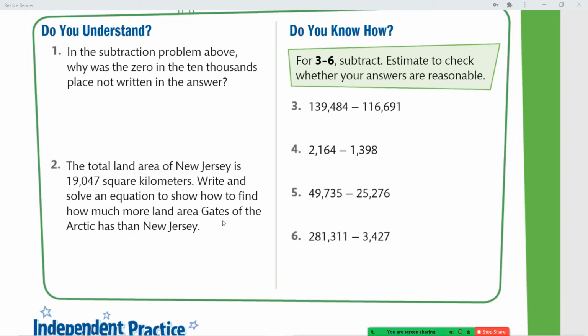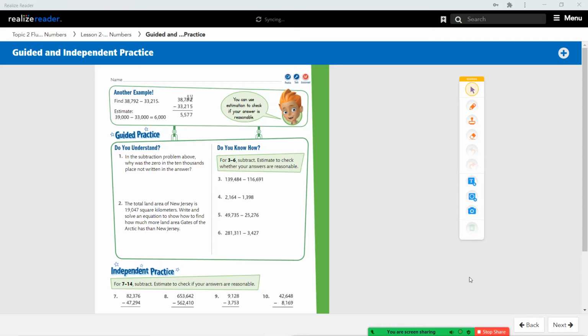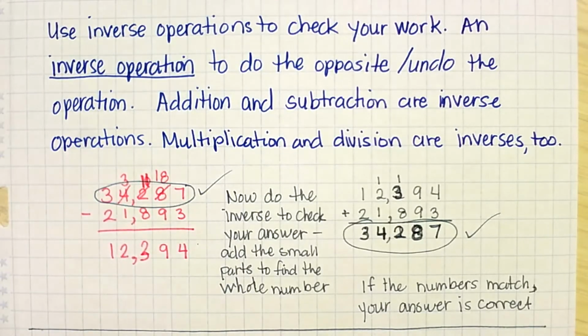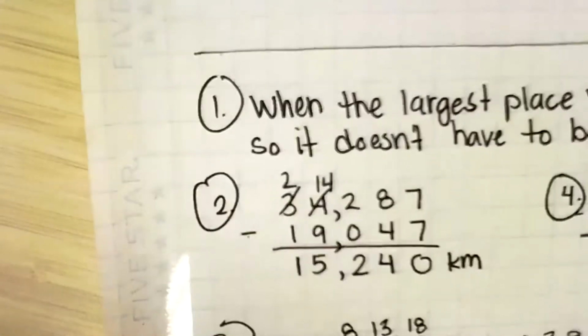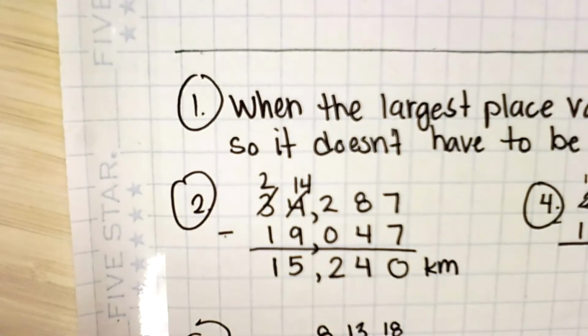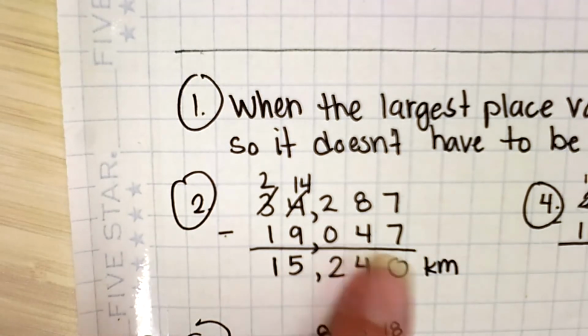Now remember, Gates of the Arctic was, let me pull that one back up for you guys, 34,287. So if we do this, let me stop my share and I can go over this with you. For number 2, if we do the 34,287 minus the area of New Jersey, which we said was 19,047.